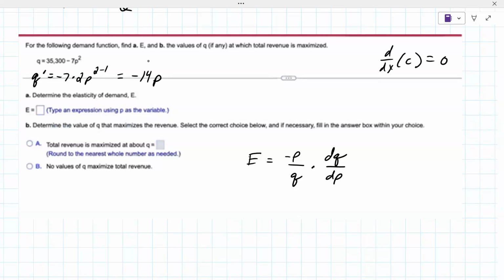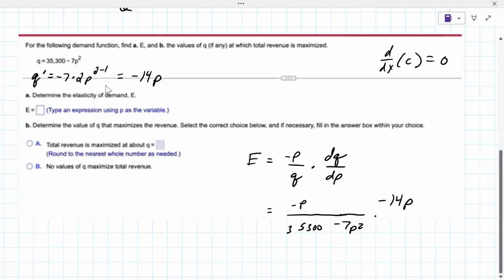So now we have all the pieces for this. It's minus p over 35,300 minus 7p squared times -14p. Okay, so we should simplify just a tiny bit here.